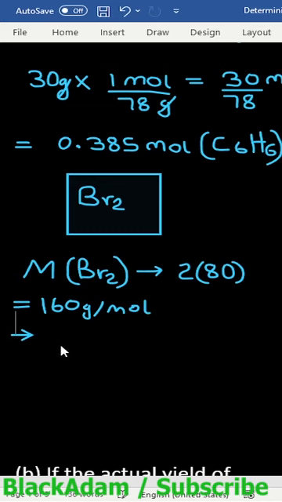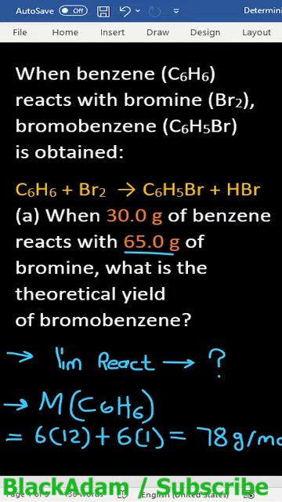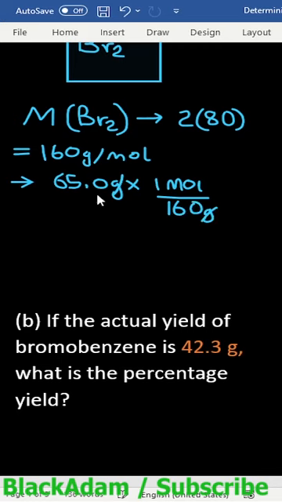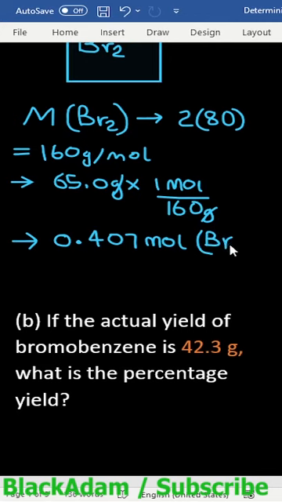Now finding out how much we have: 65.0 gram multiplied by 1 mole per 160 gram. The grams cancel out, and you have 65 divided by 160, which gives us 0.407 mole.